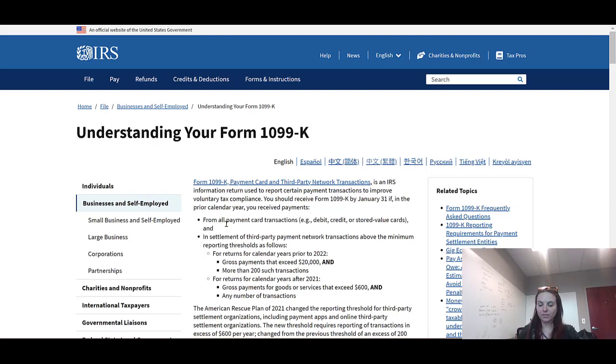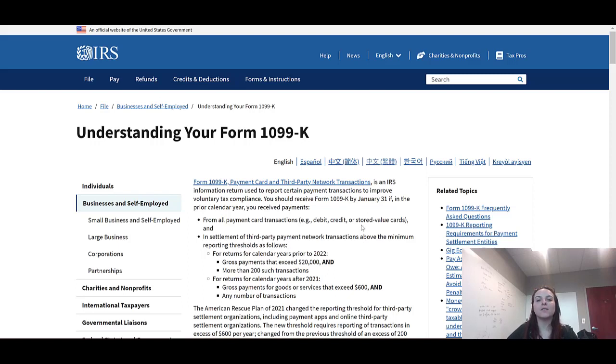Now, we don't want to have a 1099-K issued to a vendor because we paid them with a credit card, and then also issue them a 1099 NEC, okay? So if you have payments that may contribute to this 1099-K, you don't include those on your 1099 NEC or 1099 miscellaneous.